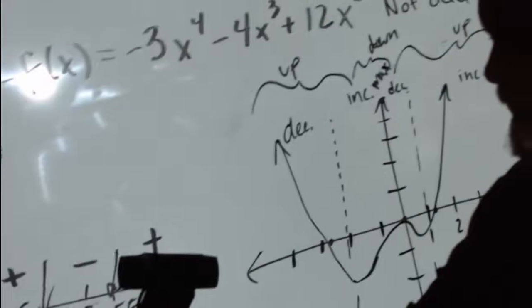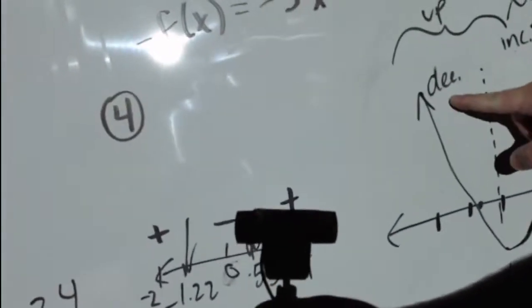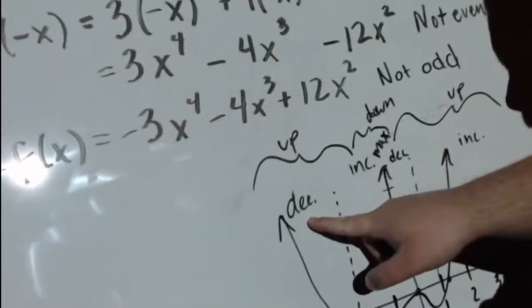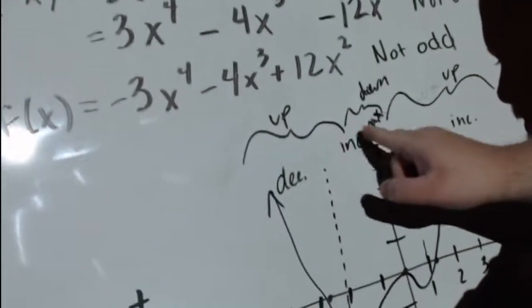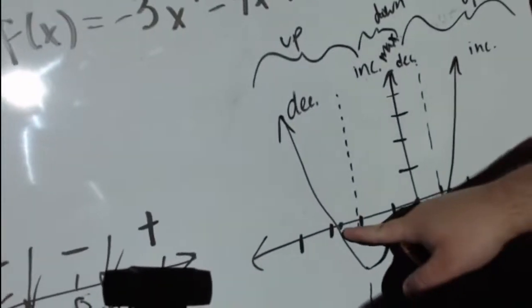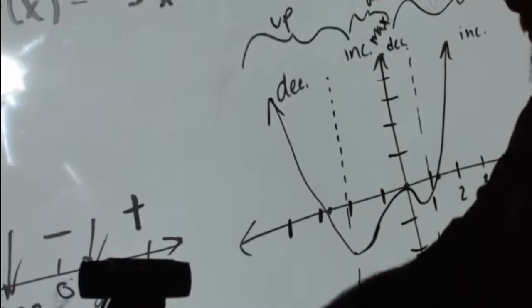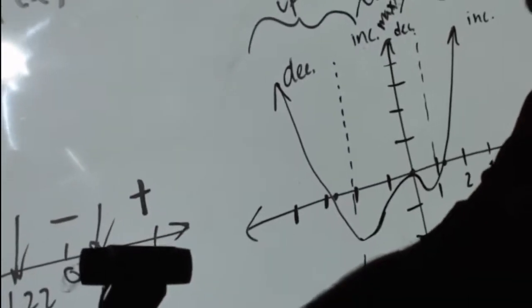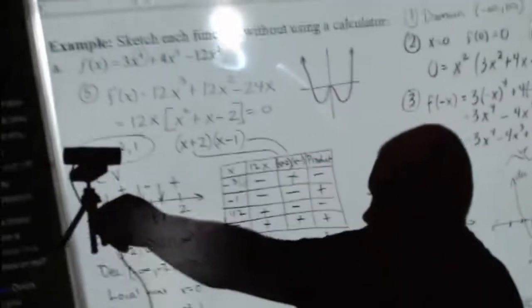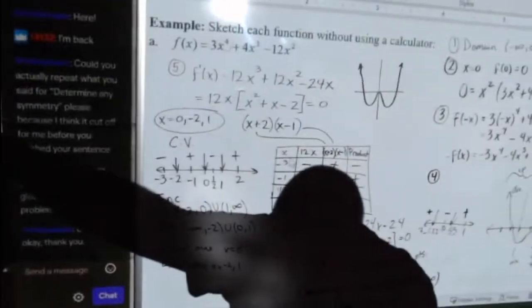So notice I've got my little notes here that it's decreasing, it's concave up, that sort of stuff. I've got my points on there where it has to cross. So all that information allows us to graph a function without a calculator.